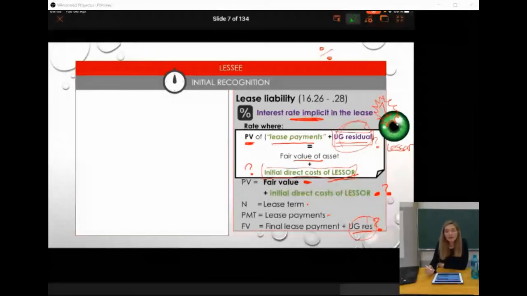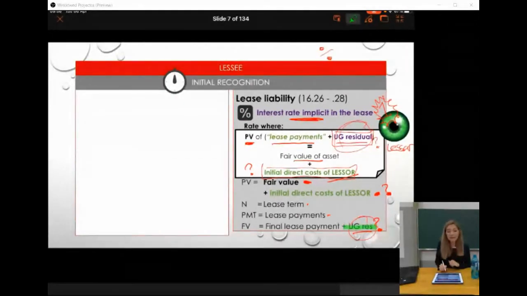So if there's a purchase option, and from the beginning the lessee said that they are going to purchase this asset, then obviously there will not be an unguaranteed residual value, because the asset is going to stay with the lessee. There will also not be an amount payable in terms of the residual value guarantee. There won't be a residual value guarantee because there's the purchase option that the lessee is going to exercise.